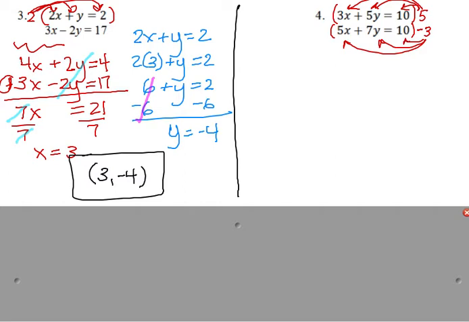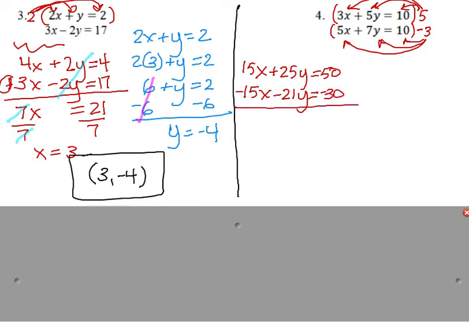So when I do that, my first equation is going to become 15x plus 25y equals 50. And my second equation will become negative 15x minus 21y equals negative 30. The important thing to notice here is that when I add these together now in their new form, 15x plus negative 15x is going to cancel out.